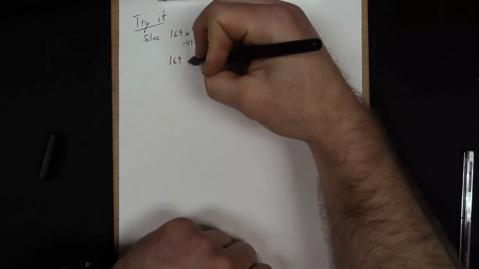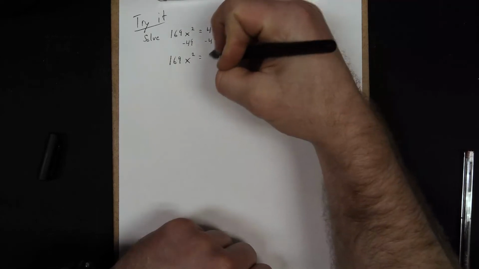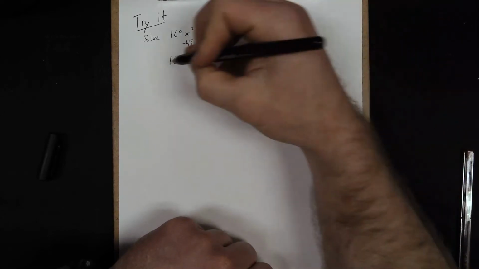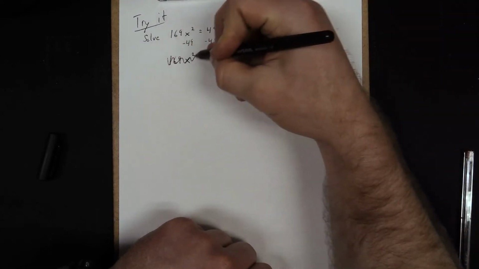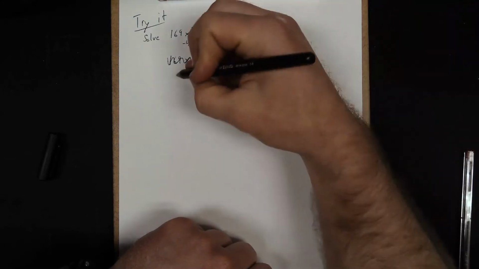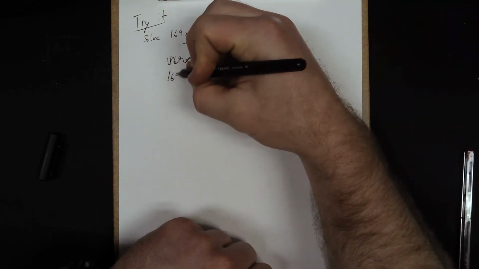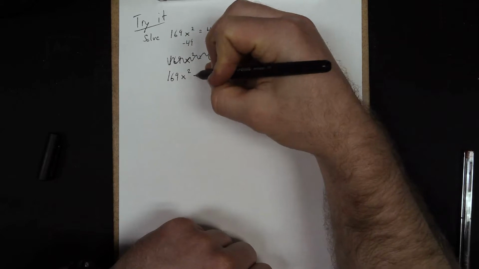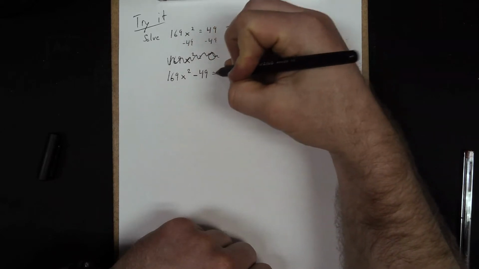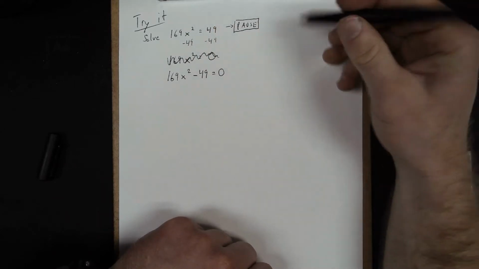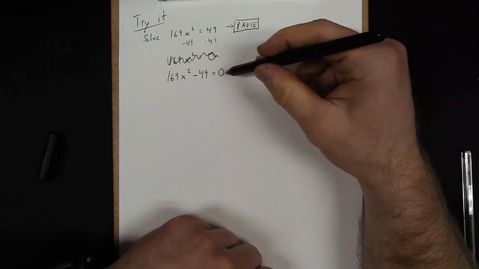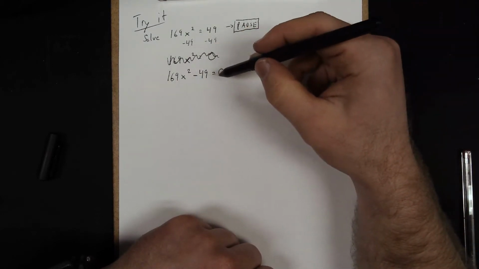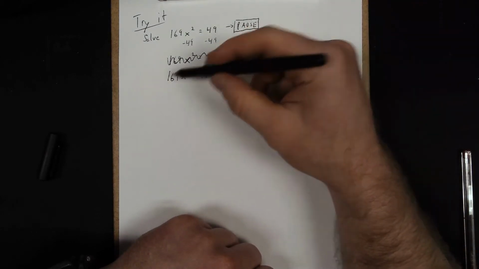And I got 169x squared is equal to 0. Oh, mistake. 169x squared minus 49 is equal to 0. That's more like it. All right, and now hopefully recognize that these are both perfect squares.